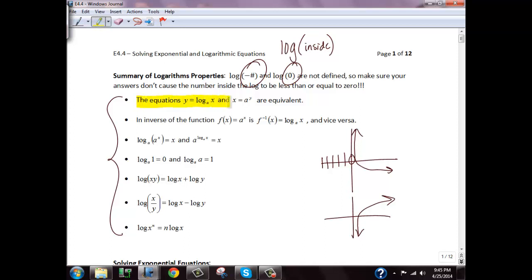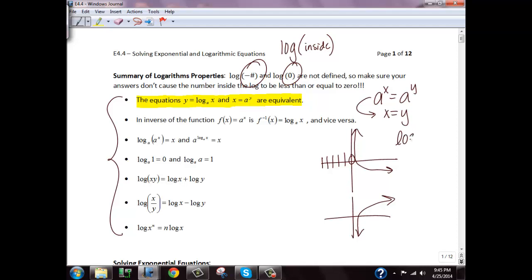The equations y equals log base a of x and x equals a to the y are equivalent. Remember we had this one-to-one property that said that if a to the x equals a to the y, then x equals y. This implies that. We have one like that for logs as well.